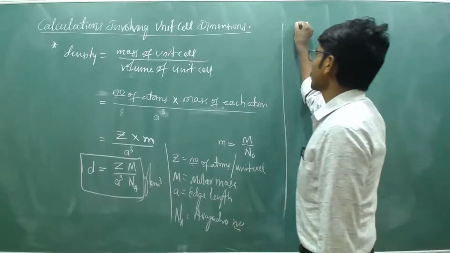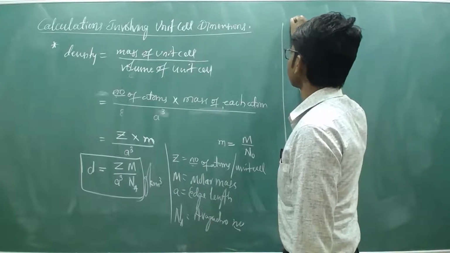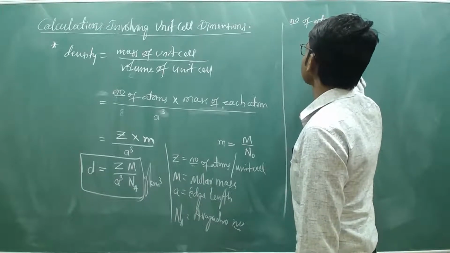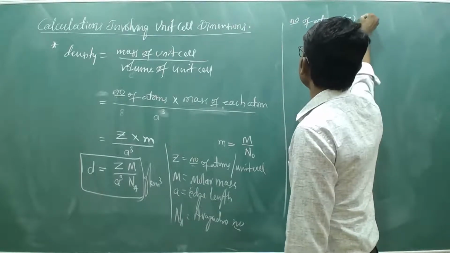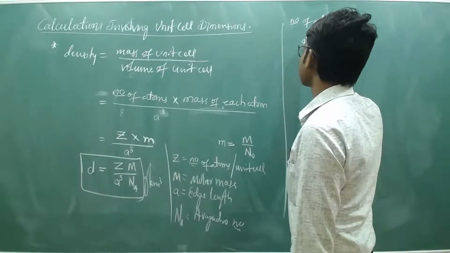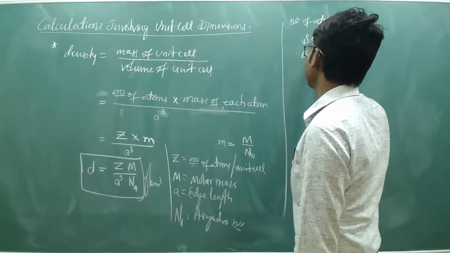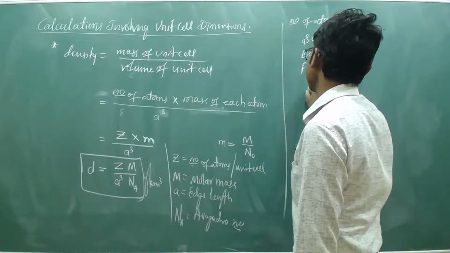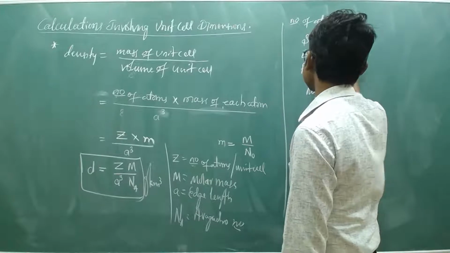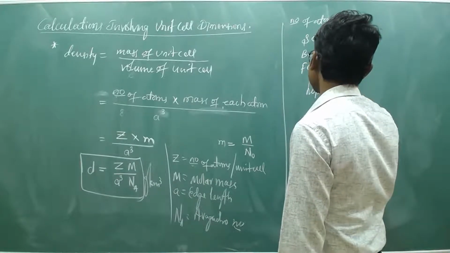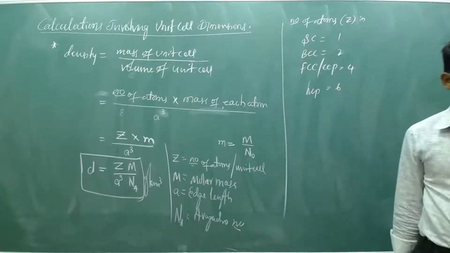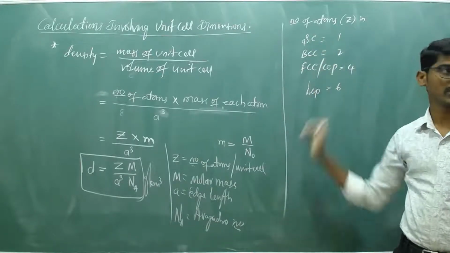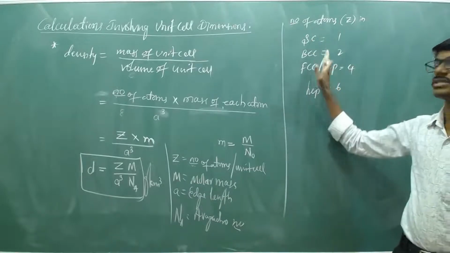Now, the number of atoms in simple cube, BCC, FCC, or it can be written as CCP, and HCP is 1, 2, 4, 6. Usually they are putting simple, BCC and FCC. And we have derived these things.